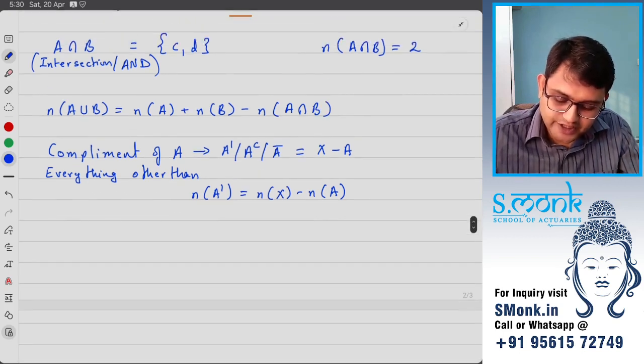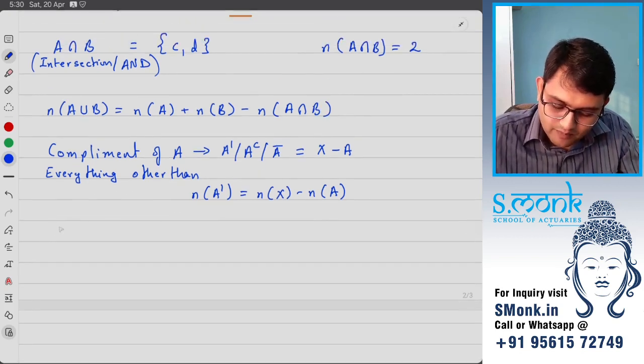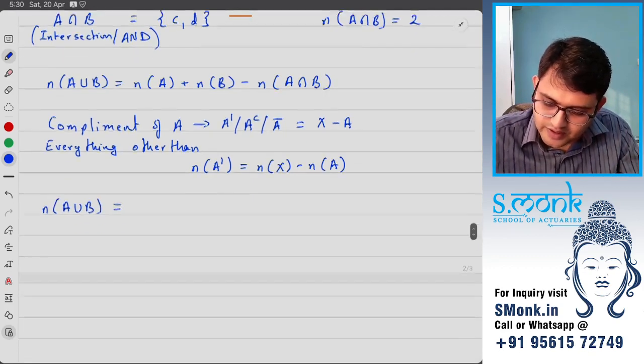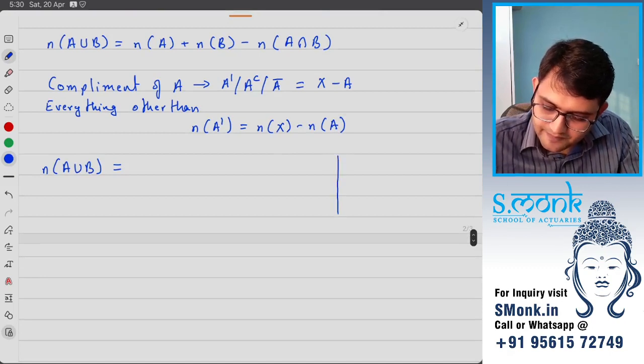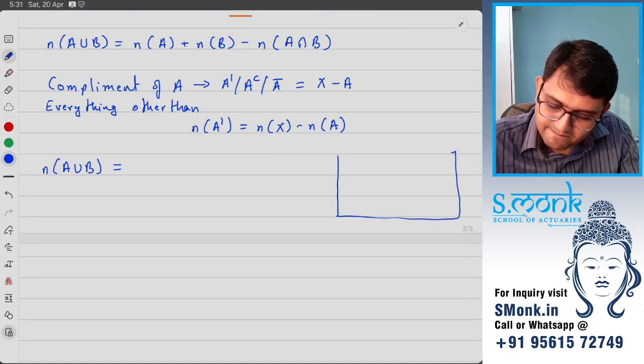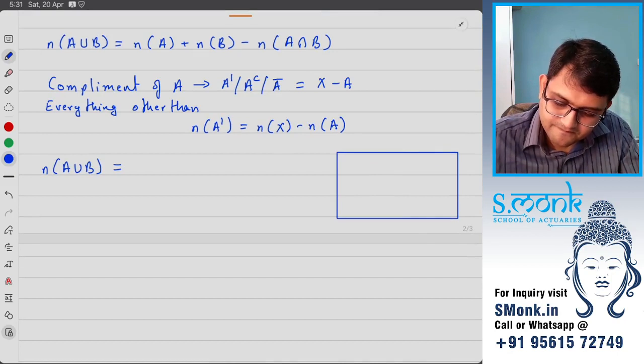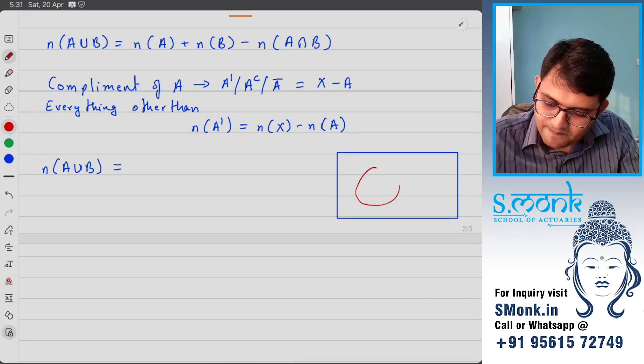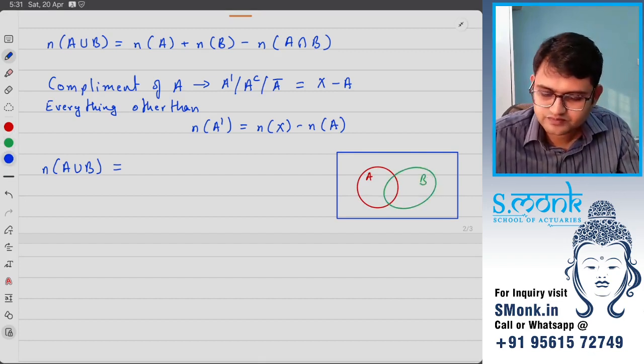Now we can use the complements to represent A union B as well. Let me show you the Venn diagram. So this is the Venn diagram.